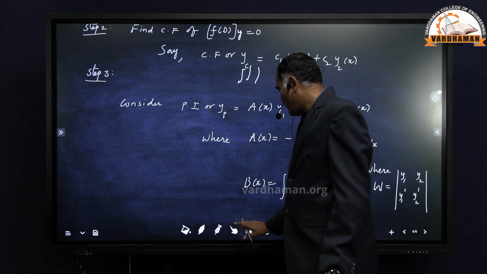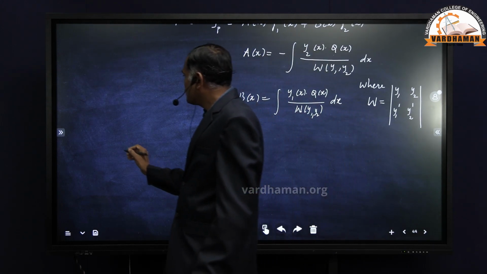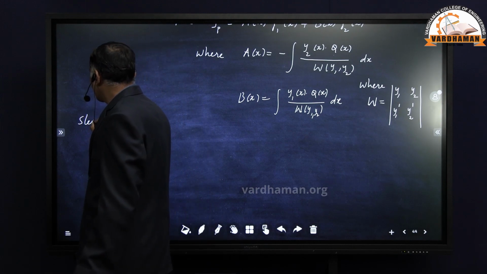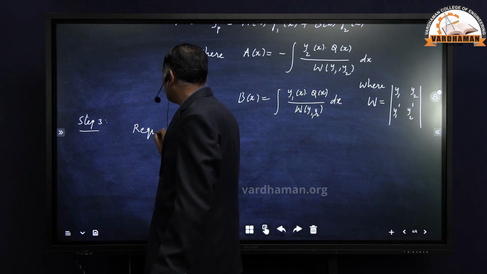Then step 3 is the required general solution.